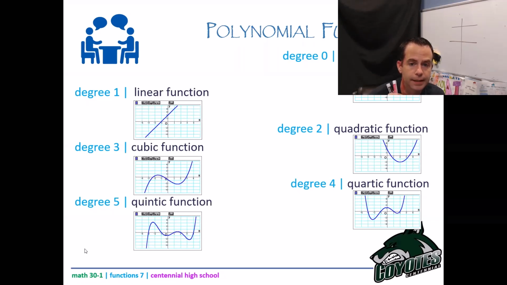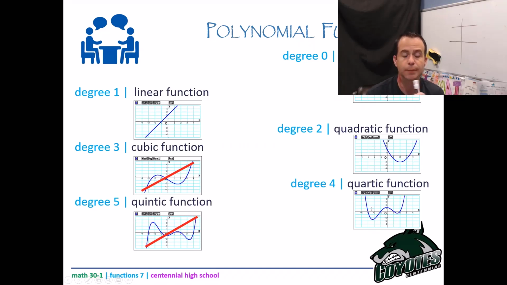So for instance, all my odd degrees are essentially behaving like a line. Now they're not a line, obviously, but what I'm trying to say is if I connect those two endpoints together, they're going to behave in that general shape of a line with a bunch of funky stuff happening in the middle.